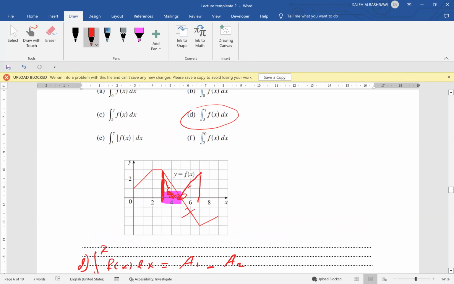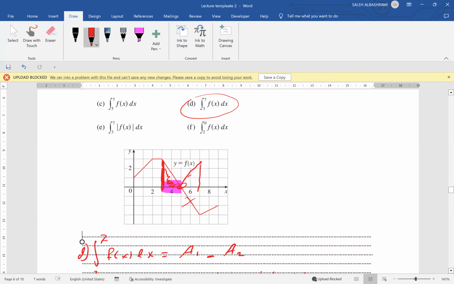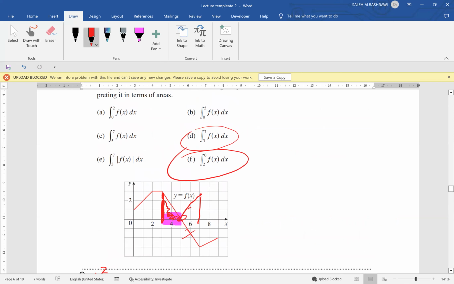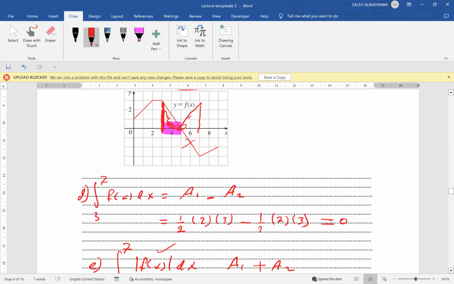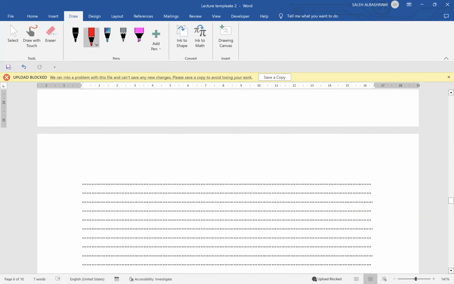For the last one, from 2 to 0. What we found in part A was from 0 to 2. If we reverse the limit, then we also multiply the value of the definite integral by negative. This is one of the properties of the definite integral.